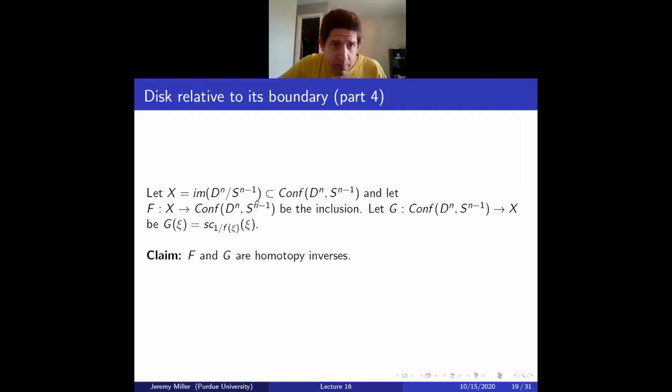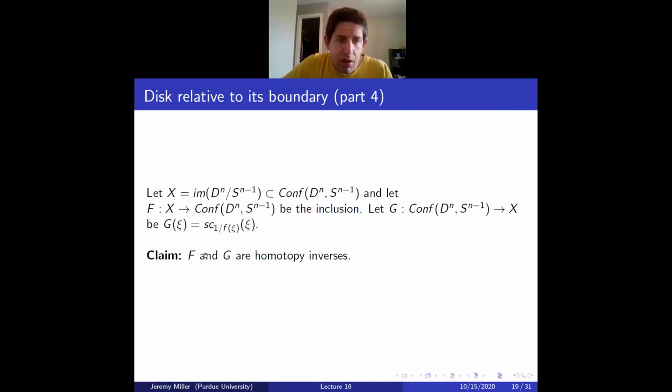So we're going to let f be the inclusion we talked about before, and we'll let x be the image. So x is homeomorphic to a sphere, and f is going to be the inclusion, and g is going to be the map that sends a configuration to this scaled version.